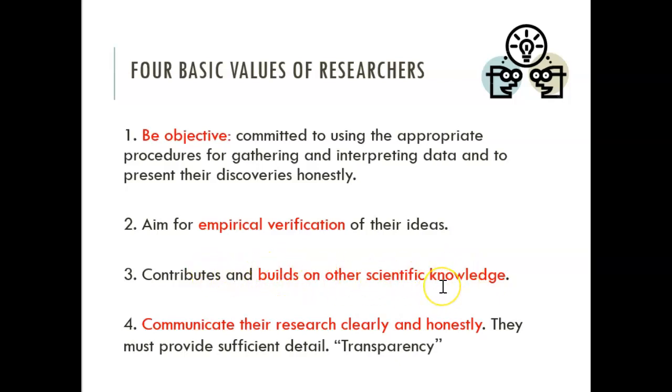And that is considered building on scientific knowledge, where you have acknowledged that there is other research done on that topic. And now you're going to do research on a topic different from the original topic. So if you wanted to do research on COVID-19, for example, you may have already found research online about COVID-19.